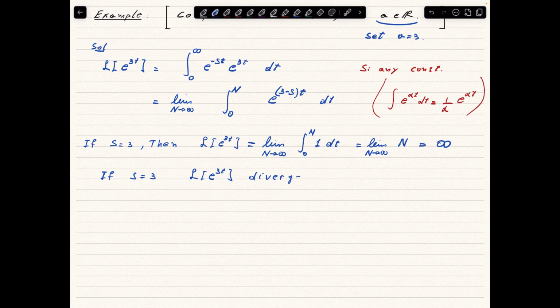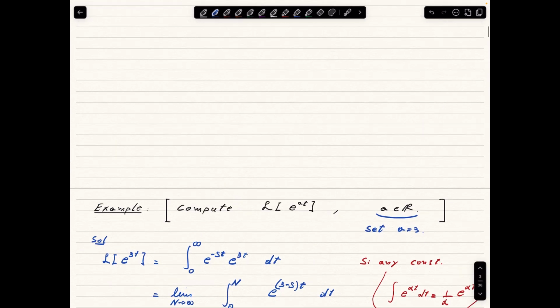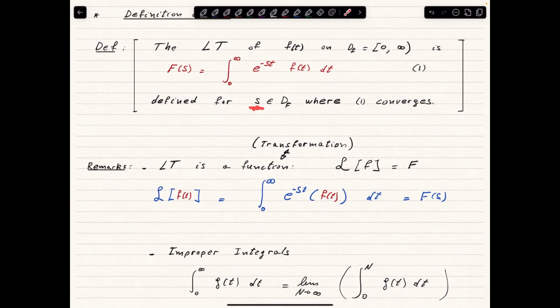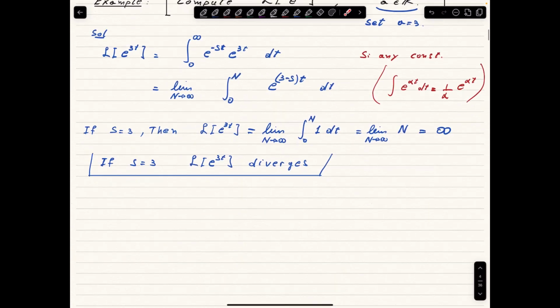Recall what we said in the definition. We call that integral the Laplace transform for the values of s where this integral converges. Well, in our first example, we have a value that is not in the domain of the Laplace transform because for s equal 3, that integral diverges.